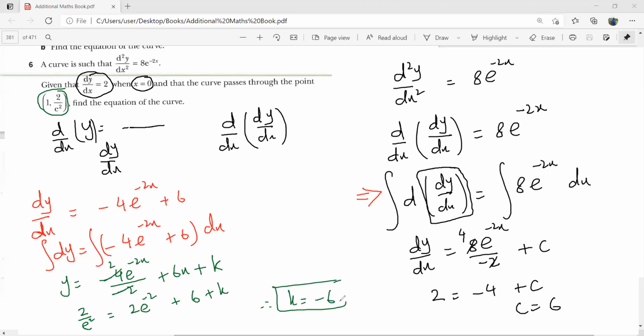Okay. So finally, your equation is going to be y equals 2 e raised to power minus 2x plus 6x minus 6. That is the equation of the curve. And I end this recording here.